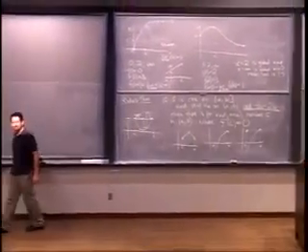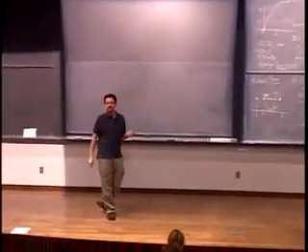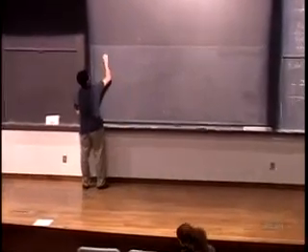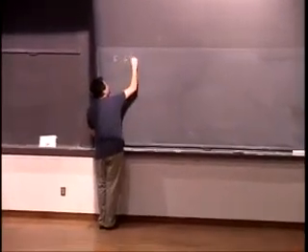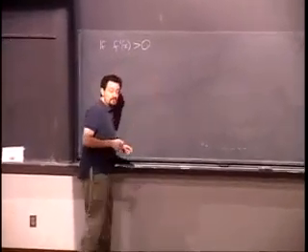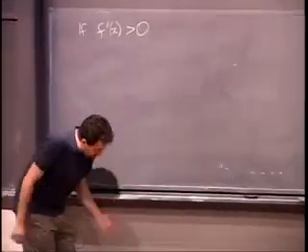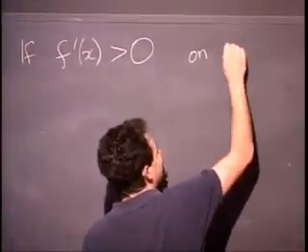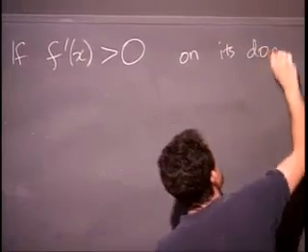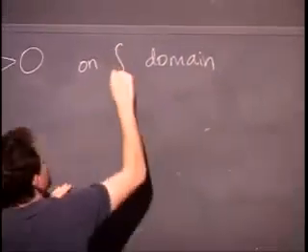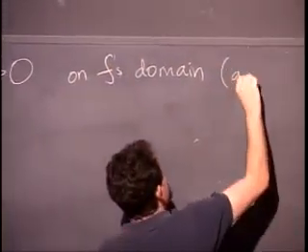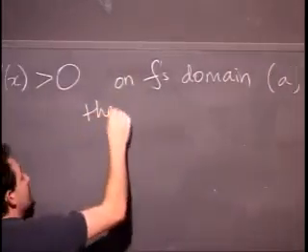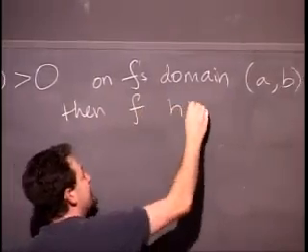Last time we looked at inverses of functions, right? We tried to use the derivative to see if a function had an inverse. And what I said was, if f prime of x is greater than 0, so if f's derivative is always positive on some interval in f's domain, say (A, B), then f has an inverse.